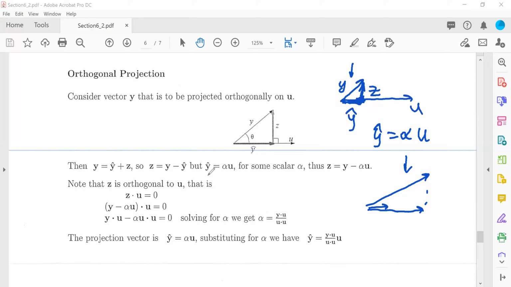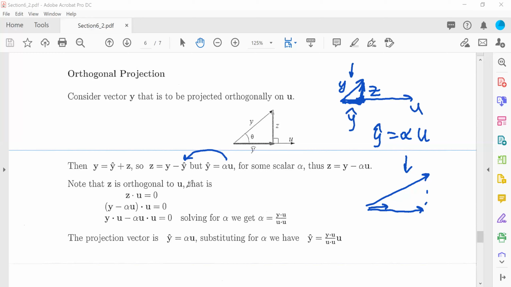On the other hand, y hat is some scalar multiple of u. That's what we explained right here. So then take this and substitute for y hat. So we are getting that z is equal to y minus alpha u.